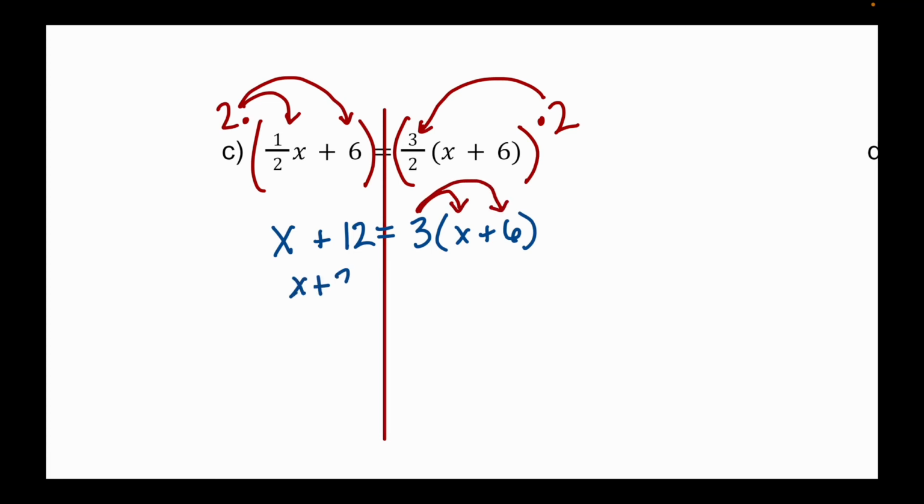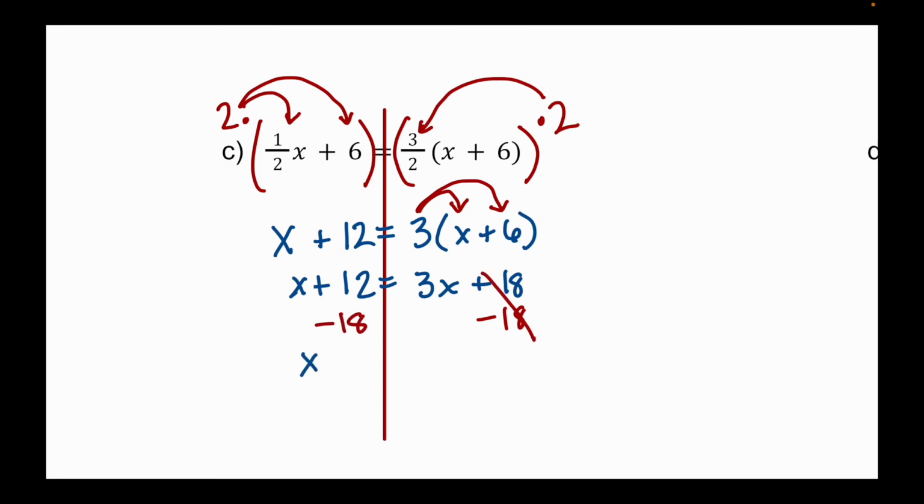So x plus 12 will remain the same, and that's going to be equal to 3x plus 18. Okay, this is looking a little more normal. Let's subtract 18 from both sides.